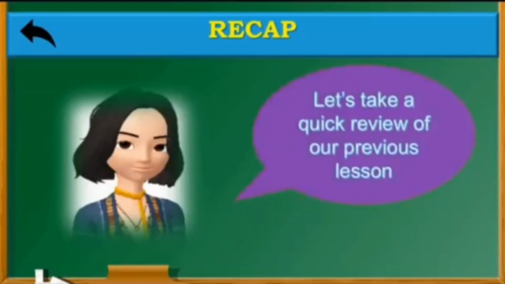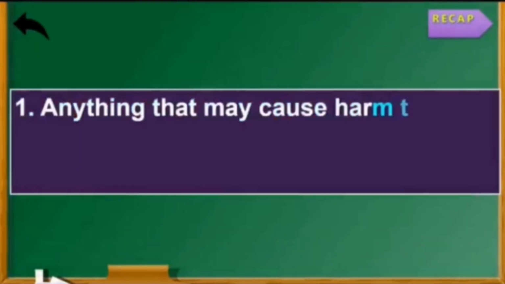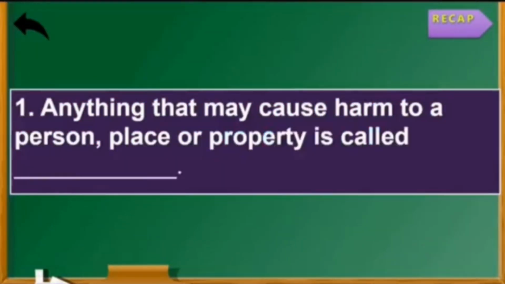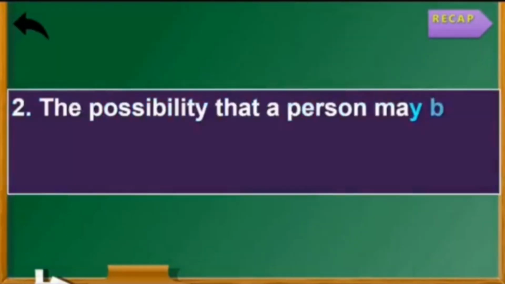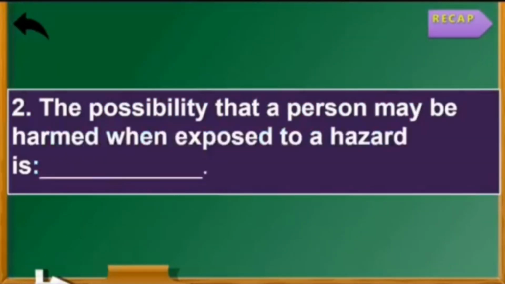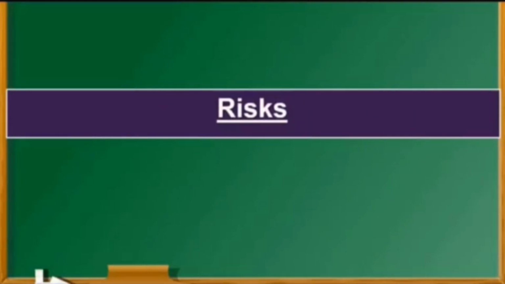Let's take a quick review of our previous lesson. Anything that may cause harm to a person, place, or property is called hazard. The possibility that a person may be harmed when exposed to a hazard is risk.